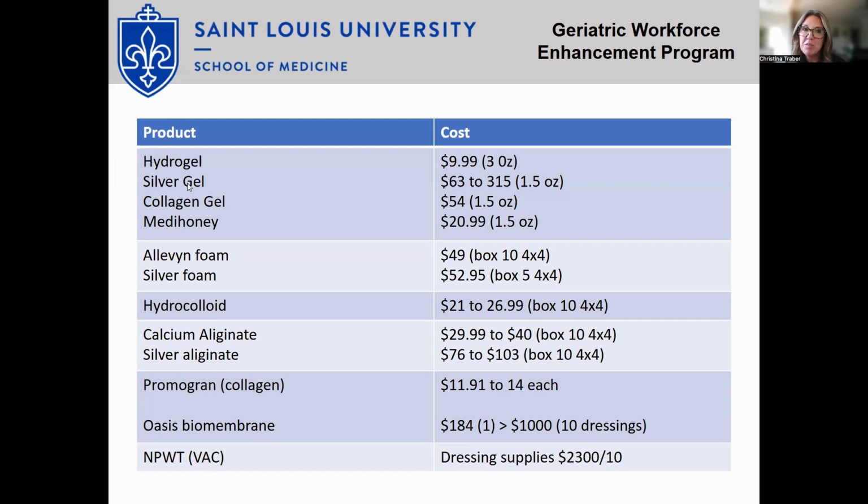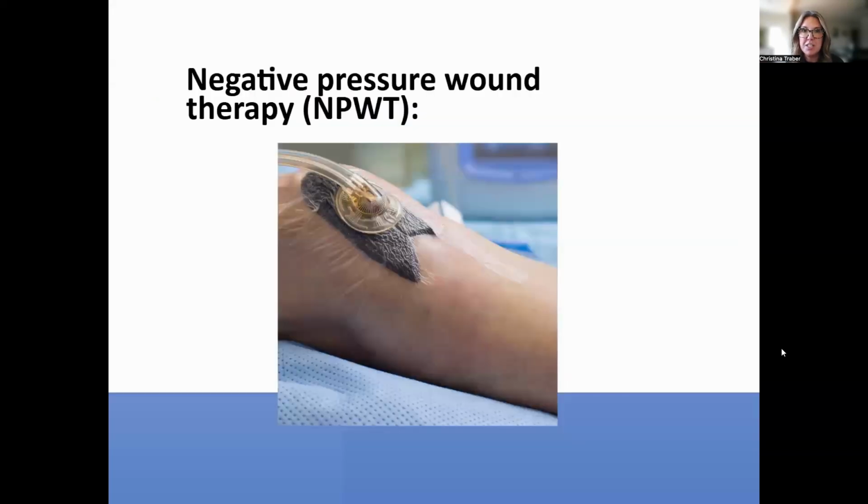Silver is an antimicrobial, so in theory it could help with infection, but if you have something that's not infected, putting silver in it isn't going to help anything. For example, if I'm choosing a gel, I'm going to choose the hydrogel because I get twice as much for the lowest price, and it's just as good as any of the other things we're using. So just being cost conscious.